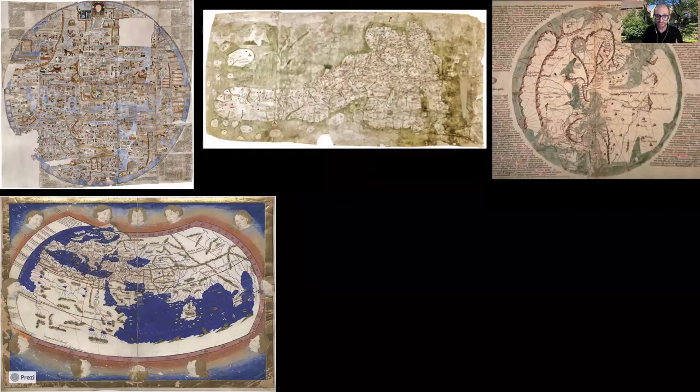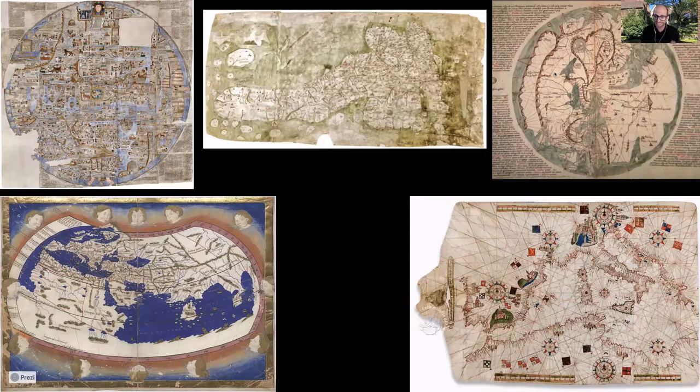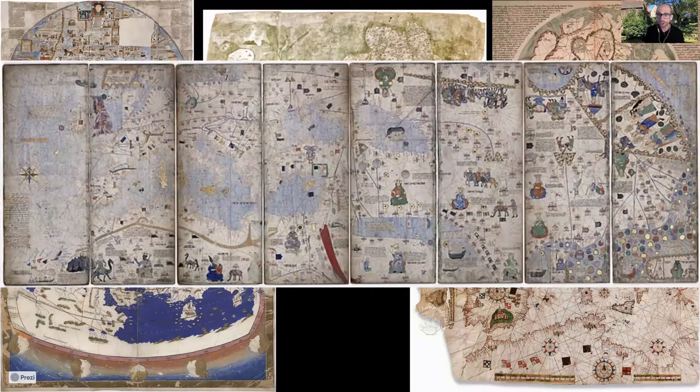Harvey does mention Portolan charts a few times, but does not note that one of the most famous Portolan-like maps, the late 14th century Catalan Atlas, was produced by Abraham and Yehuda Cresques, who were Jews from Majorca.